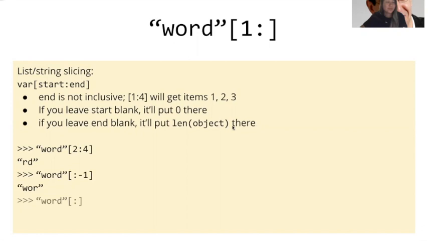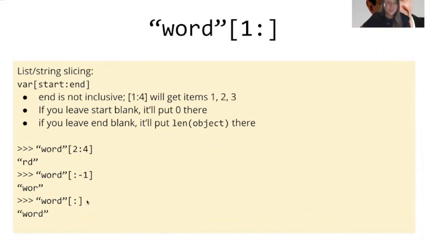So what happens if we don't put any start or end number? Then it'll go to both of the defaults, where the start is 0 and the end is the length of the object. So that'll just give you the whole word. And just a demonstration of why we use the length of the object. Again, this has to do with zero indexing, and it's one of the reasons why we zero index. Say that word is 4 letters long.